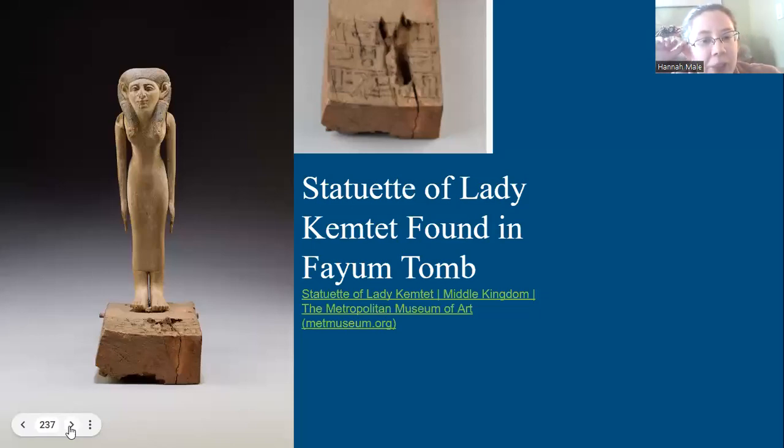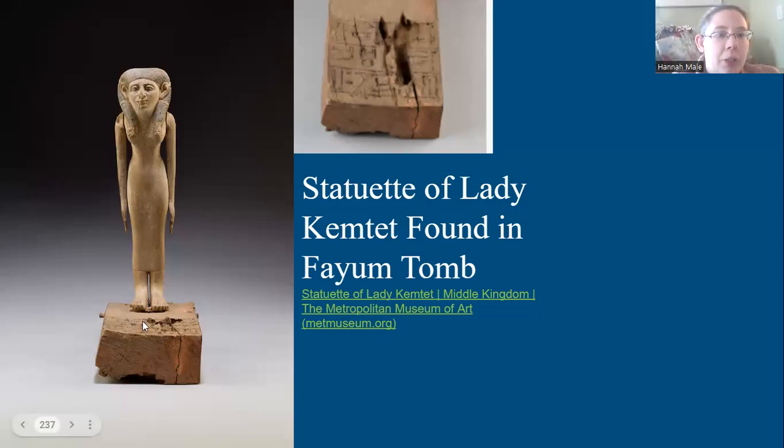So this is from the Metropolitan. This was originally from a female tomb that was in the Fayum region. And this is a statue of the deceased woman that was buried.